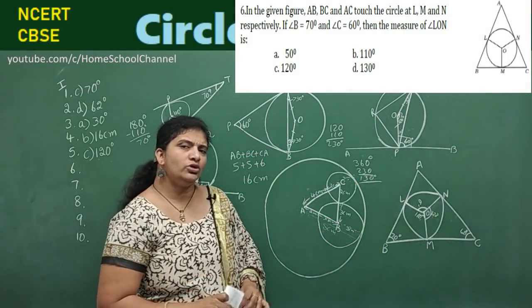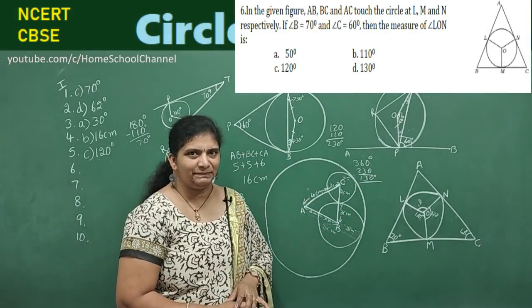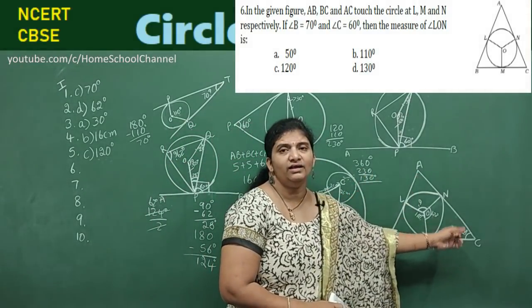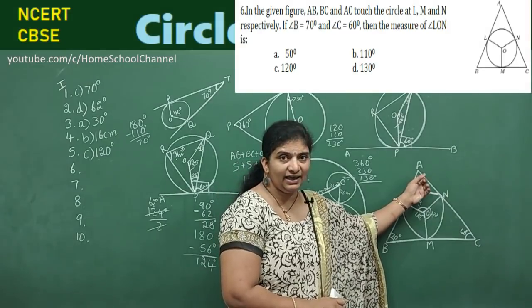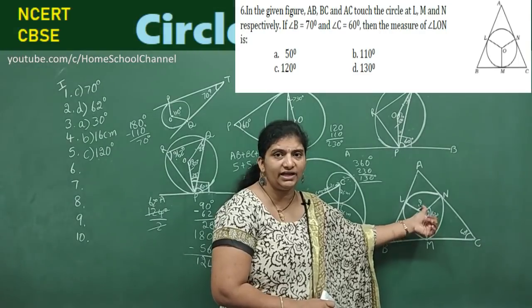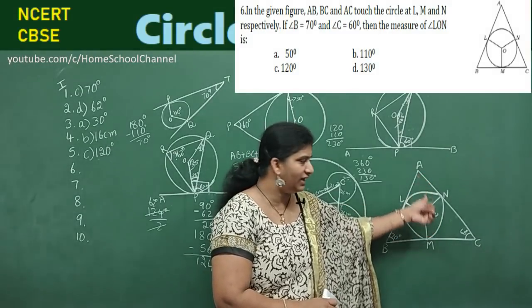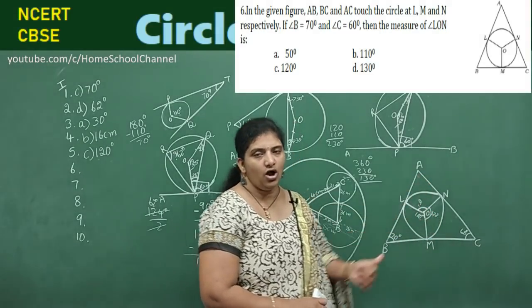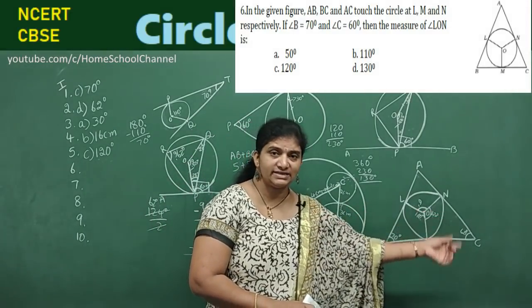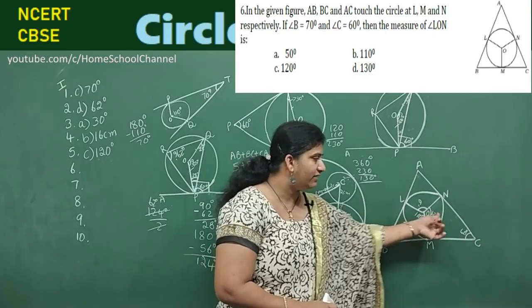Any way you do, you are going to get the same answer. Either you can add the angles of a triangle and then find angle A. Then after getting angle A, these two angles sum will be 180; in 180, subtract this angle, and you are going to get this. Or you can go with B as an external point and C as an external point, find this angle and this angle.